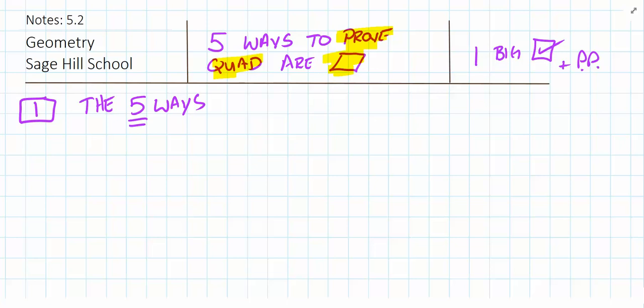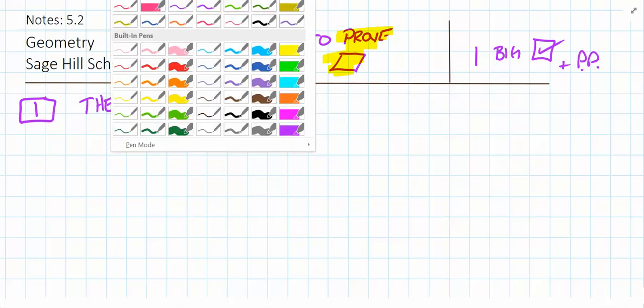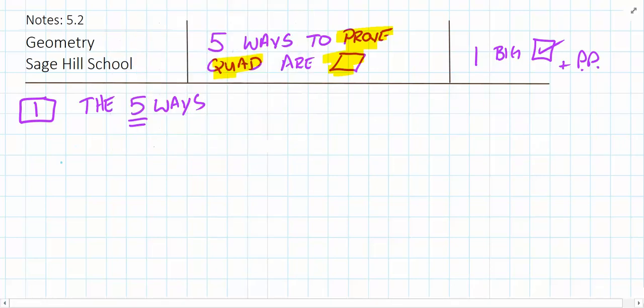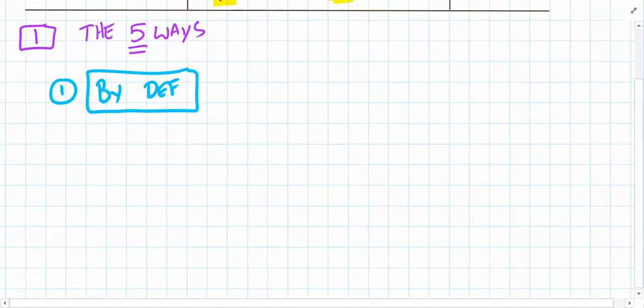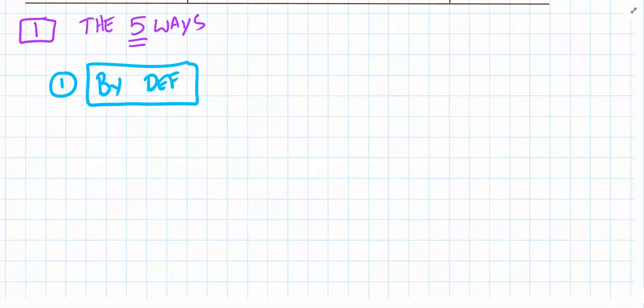Alright? The first way, here we go. We're going to do this in lots of colors for you. The first way is by definition. Okay? So the first way to show that a quadrilateral is a parallelogram is to actually use the definition. So what do I mean by use the definition?